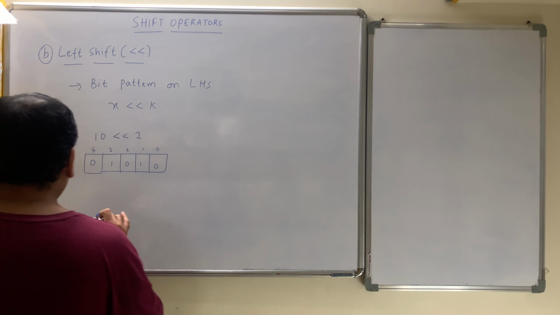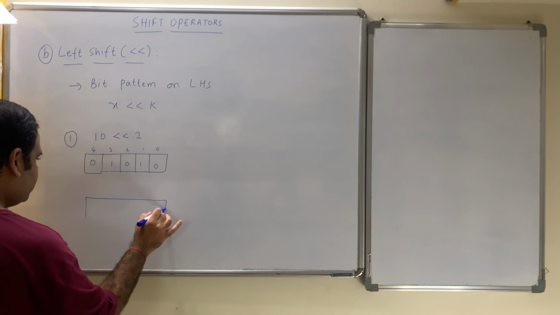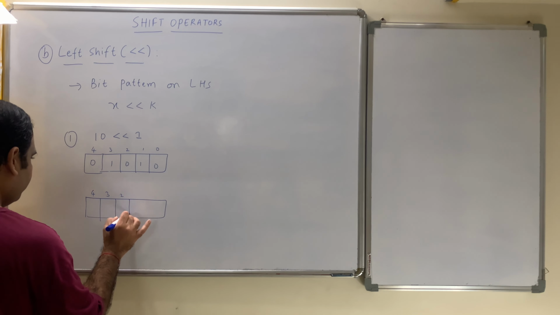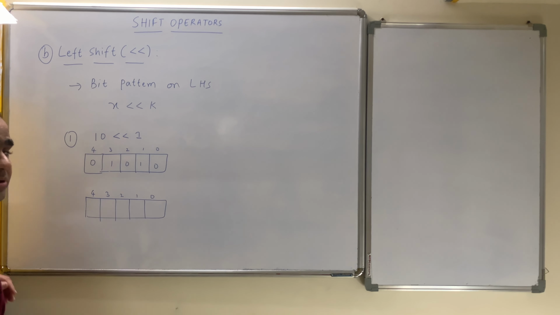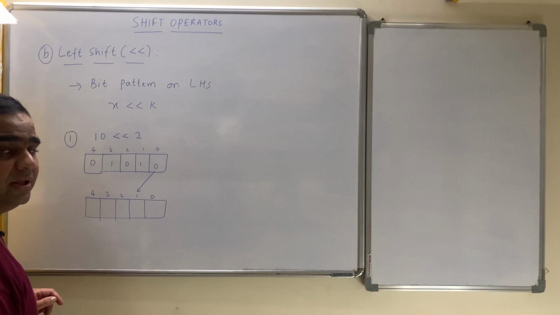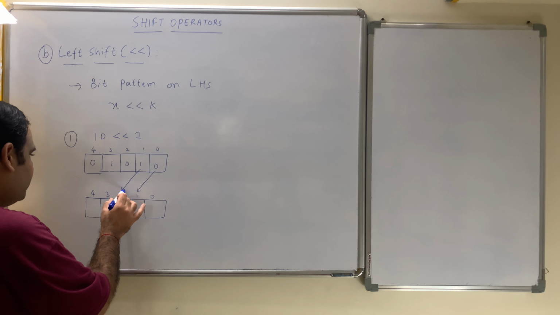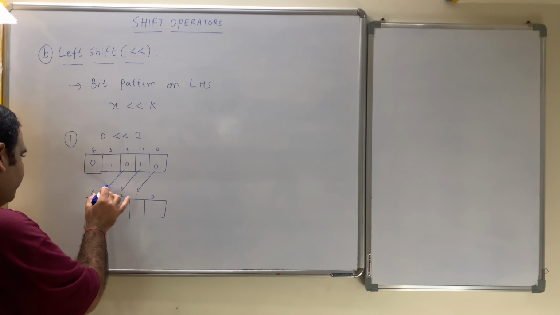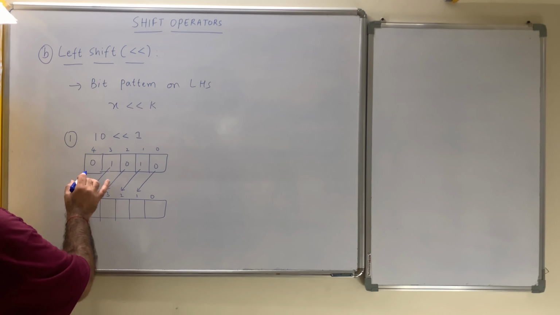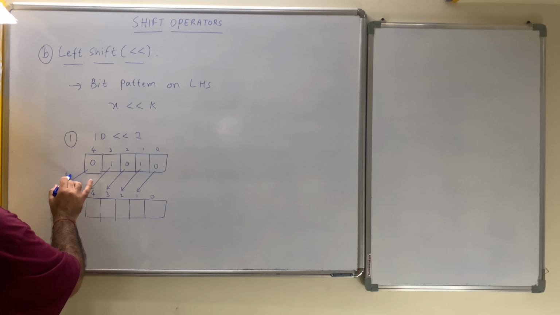Now what we are doing here, we are shifting this bit pattern by 1 place on the LHS. Now what will happen? This 0th bit will come at the first bit place, first bit will come at the second bit place, second bit will come at the third bit place, third bit will come at the fourth bit place, and the fourth bit will be lost.